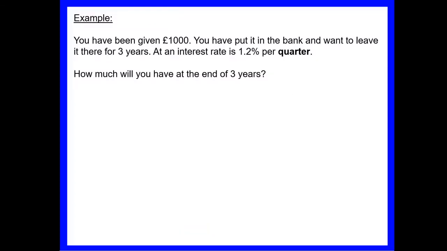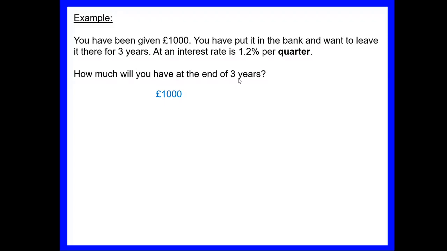So we've been given £1,000, we're going to put it in the bank and want to leave it there for 3 years. An interest rate of 1.2% per quarter. How much will we have at the end of 3 years? So we start with our initial value, the amount we want to put into the account. So we've got £1,000. We then multiply that by our decimal multiplier.